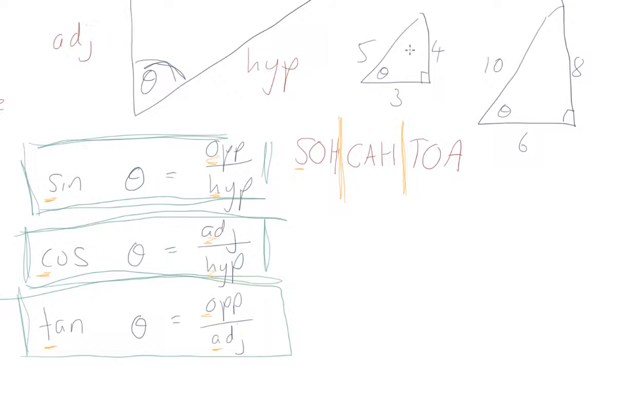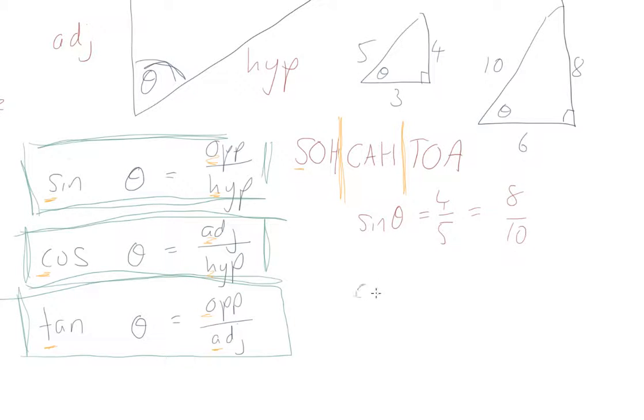They are similar triangles, and the scale factor is 2. If I pull sine out, sine is opposite over hypotenuse, so opposite is 4 on 5. Sine theta would be 4 on 5, and in the big triangle, sine theta would be 8 on 10.